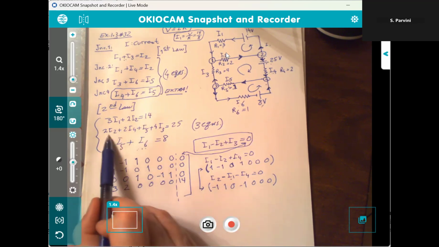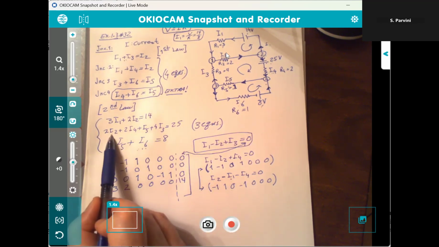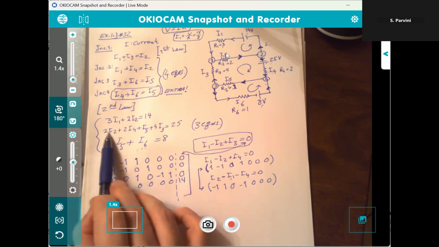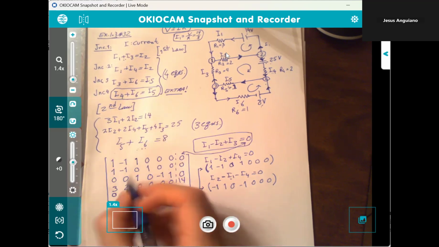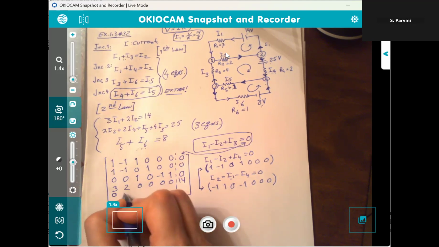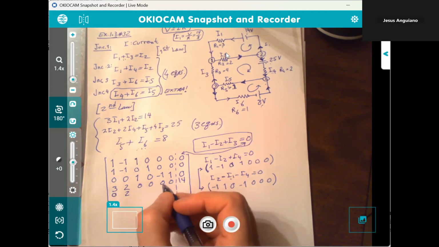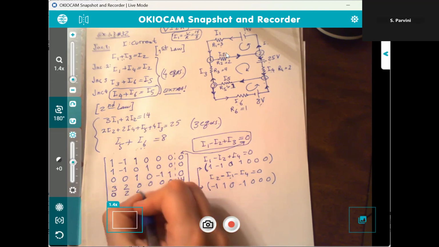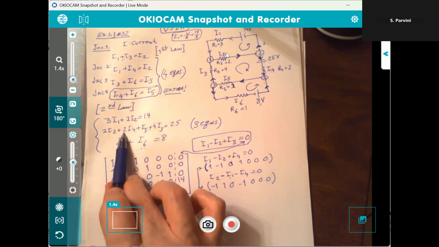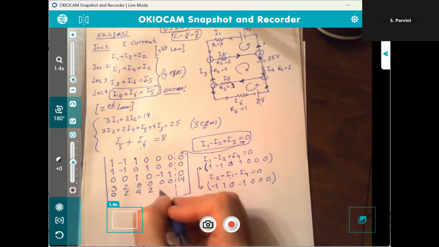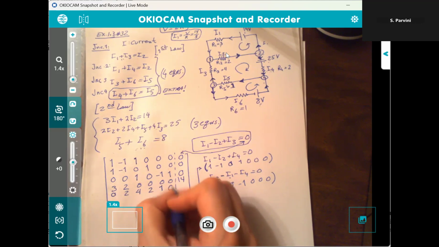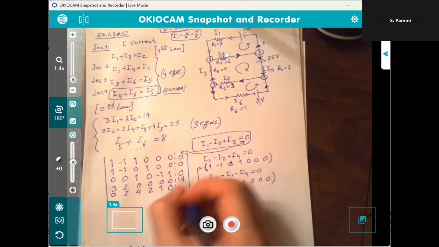And the next one. There is no I1 in here. Maybe 0. Yeah, go ahead, Jesus. Plus 2, plus 4, plus 2, plus 2, plus 1, plus 1, plus 0, 0, and all of these should equal 25.